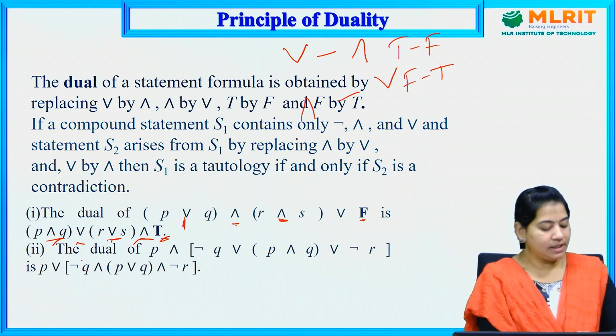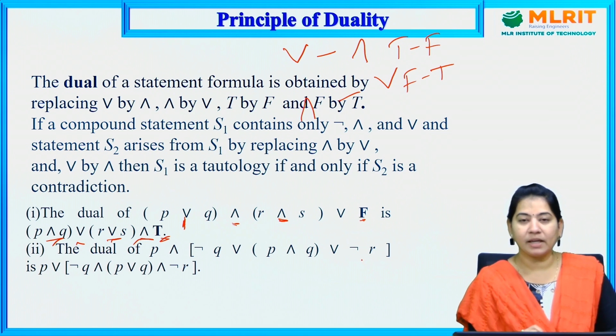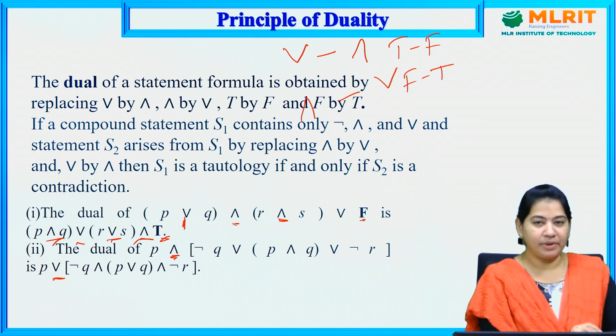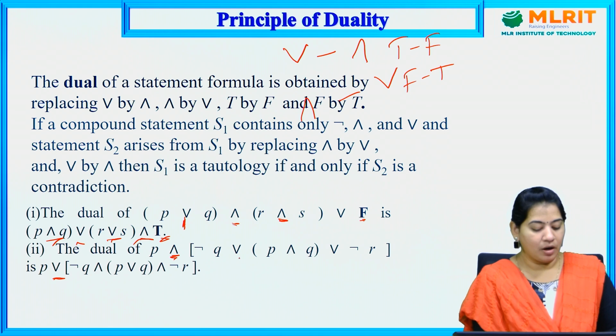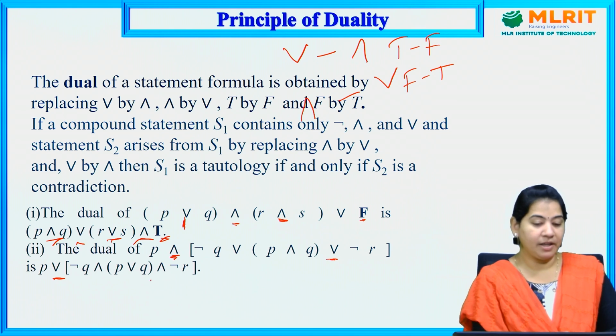So see the second example. The dual of P and negation of Q, or P and Q or negation R. Here this AND is becoming OR, and OR is becoming AND.